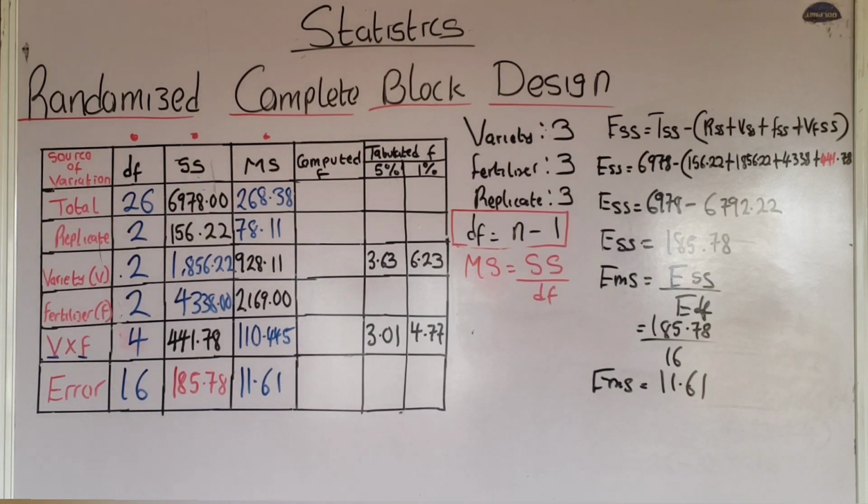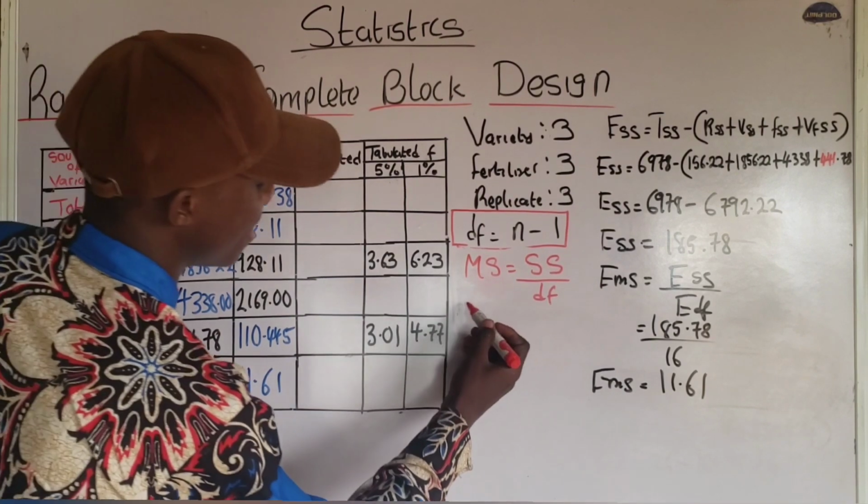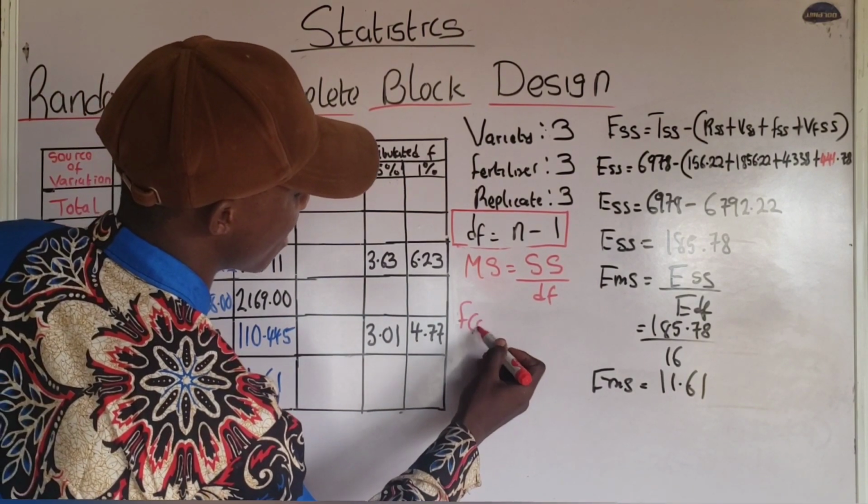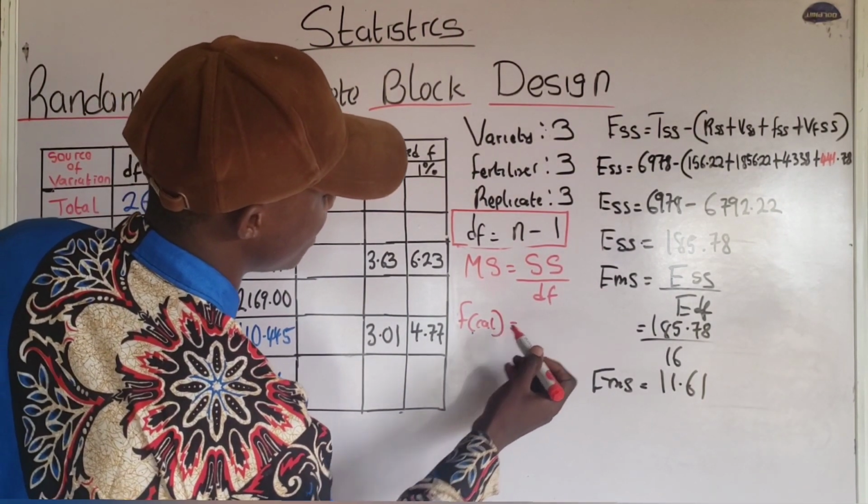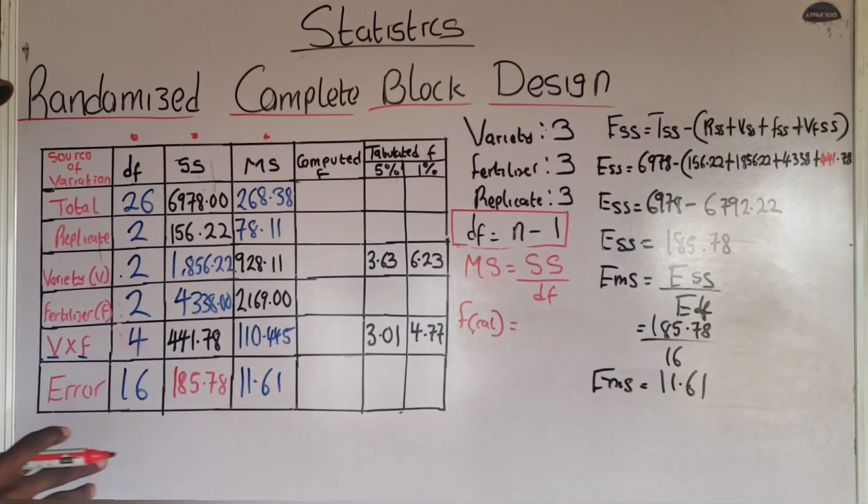It's simple. Now, look at what we have here. All we need here is the computed value of variety, fertilizer, and variety fertilizer. You understand? So I'm going to give you the formula. The formula for computed value, FK, please pay attention.